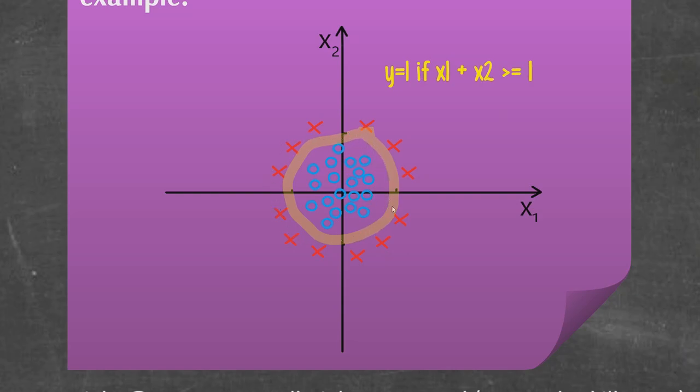So I think there is actually a better function to draw this decision boundary, which is a circle. You can see it's a circle: x1 squared plus x2 squared equals 1, and that gives us this circle.